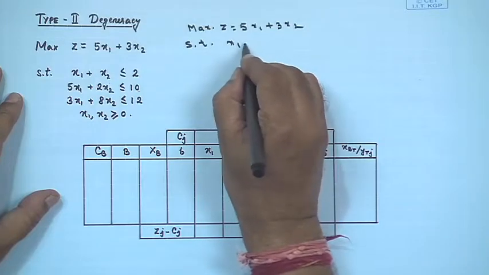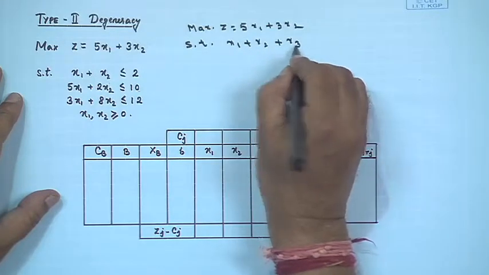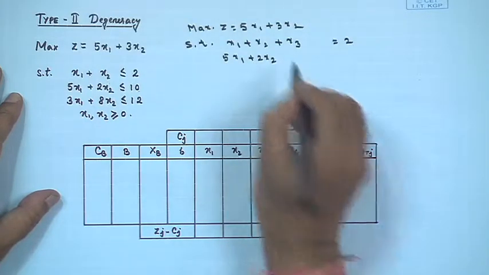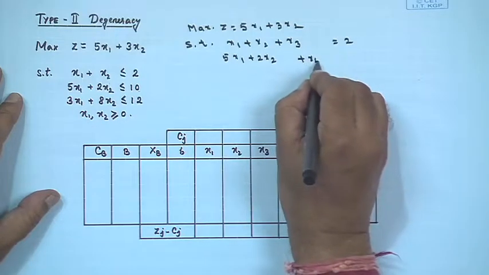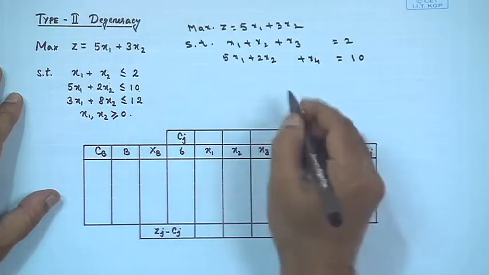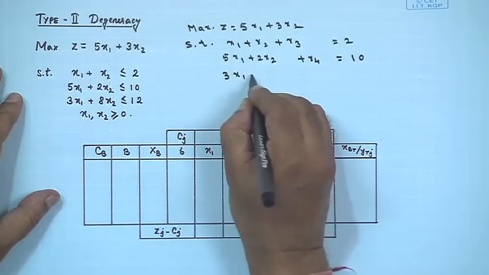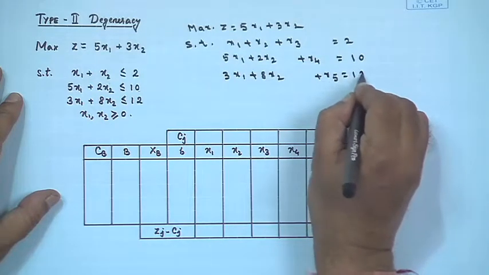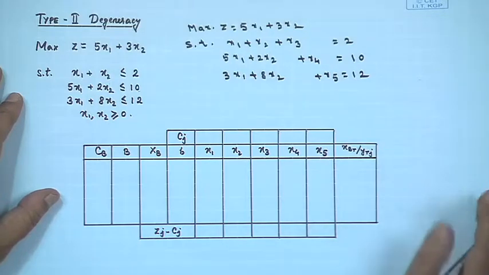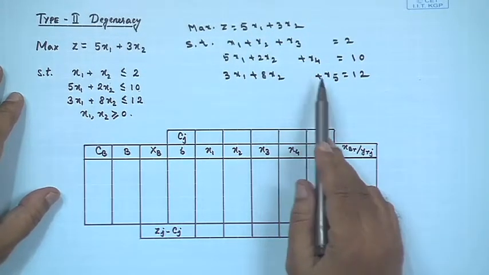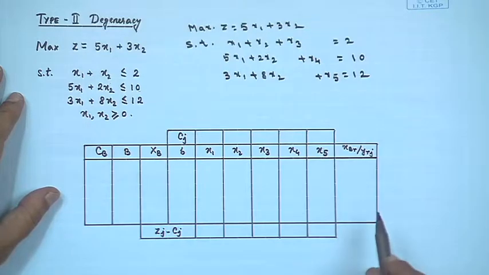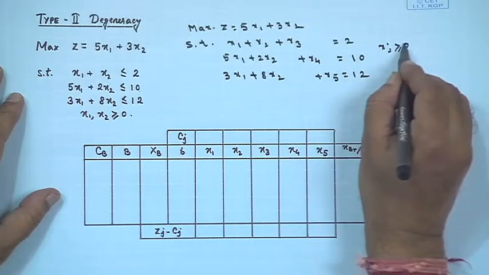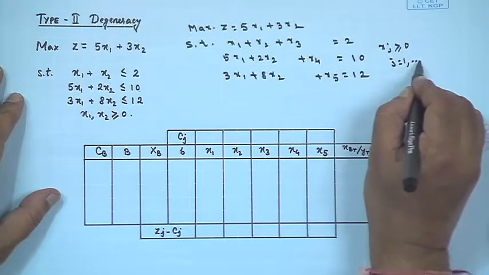x1 plus x2 plus x3 equals 2, then 5x1 plus 2x2 plus x4 equals 10, and 3x1 plus 8x2 plus x5 equals 12. So, x3, x4 and x5 are the slack variables which we have introduced, and xj greater than or equal to 0, where j equals 1 to 5.